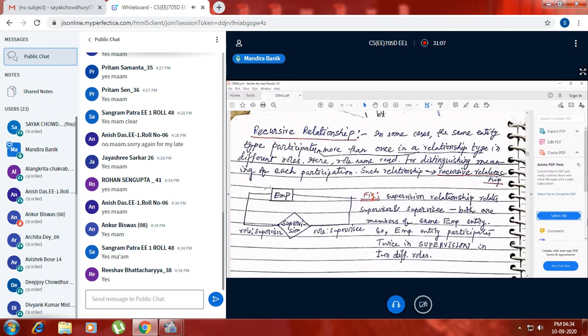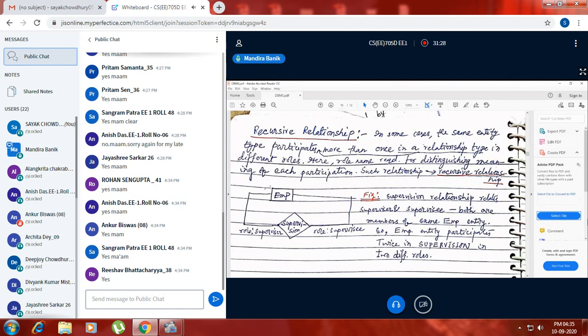Now for recursive relationship, let me first explain the diagram. For example, in some company there are supervisor and supervisee, both types of employees.